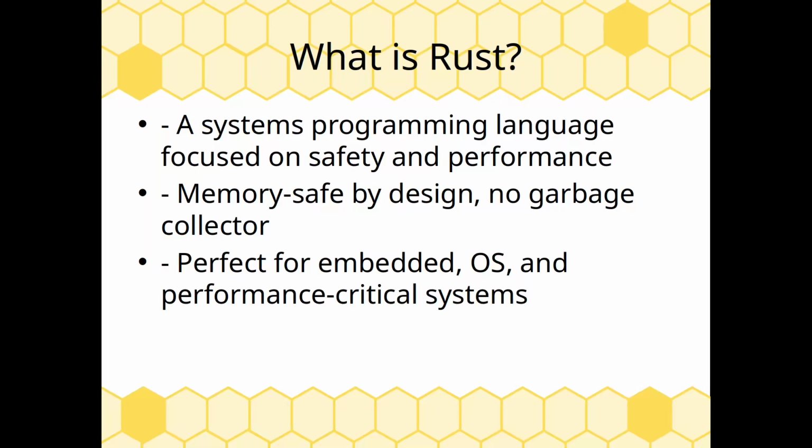It has a memory-safe design and no garbage collector, which means there will be no problems with dangling pointer errors or undefined pointer access problems. Perfect for embedded and OS development and any performance-critical systems.